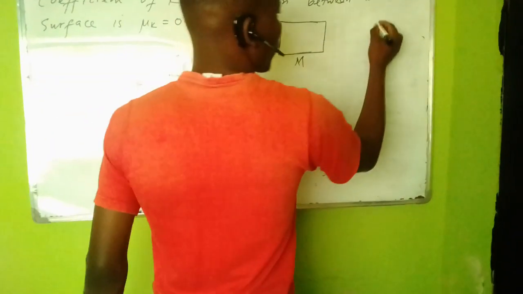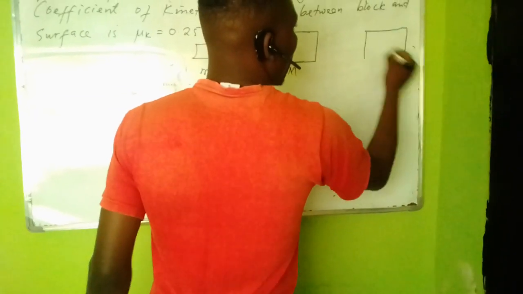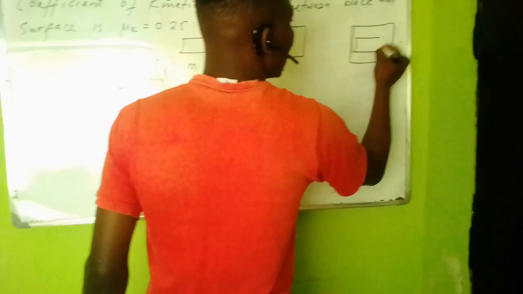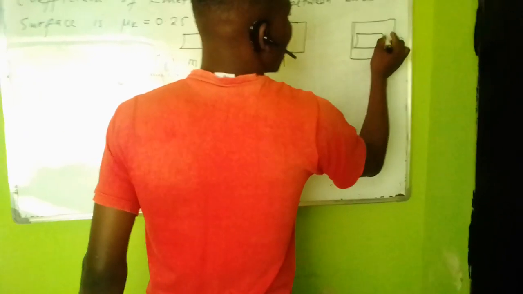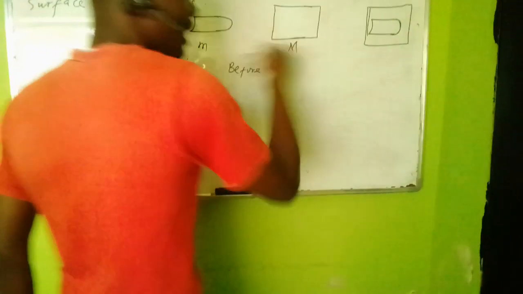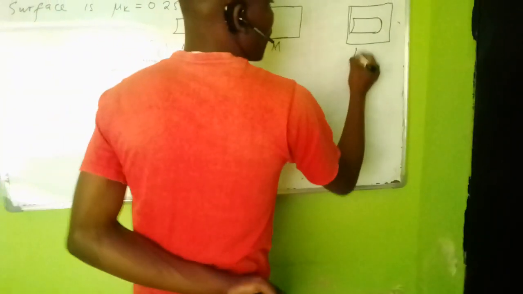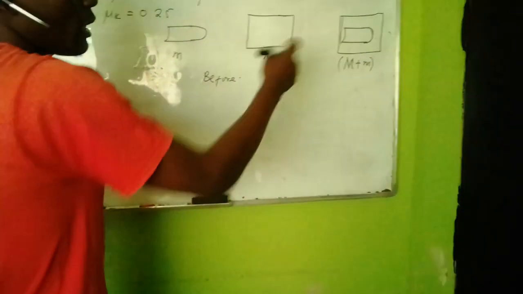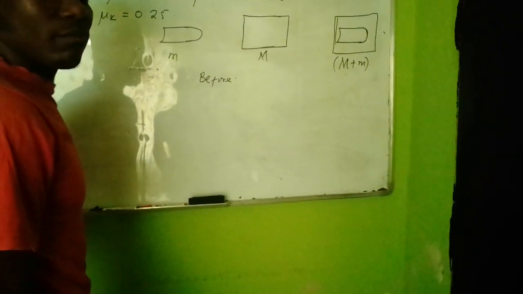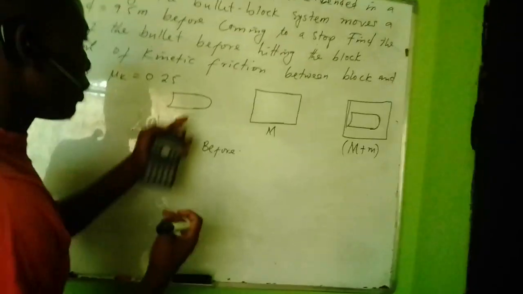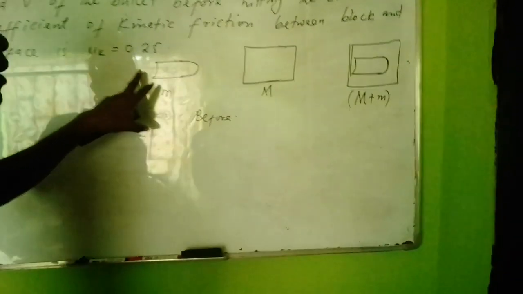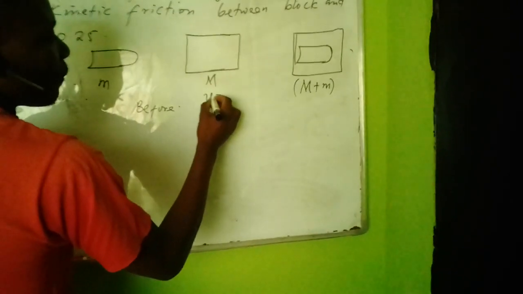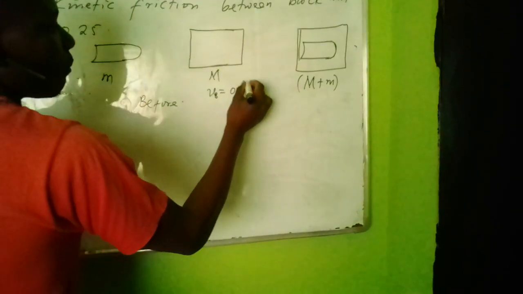Now after, you have something like this, we are told that the bullet gets embedded in there. So the mass here is going to be the mass of the block and the mass of the bullet, because it has gotten embedded. So this is what we have. Now, before this bullet strikes here, we know that here the initial velocity is 0 meter per second.